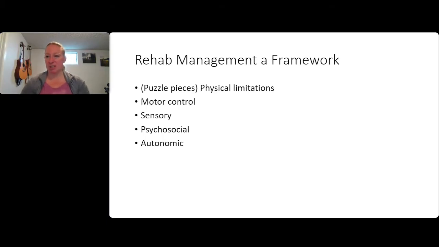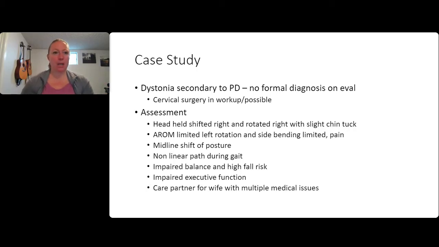So let's put this into a case study so it makes a little more sense. This individual did not have a formal diagnosis at evaluation. This was a gentleman we've been working with for a number of years. He came to us without really a diagnosis. In working with his general neurologist, he has a vascular Parkinsonianism.